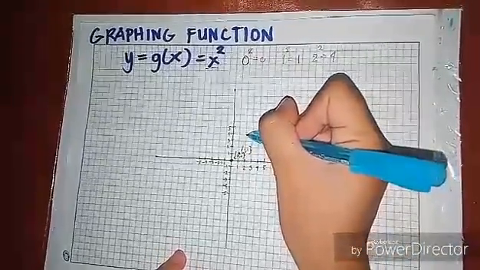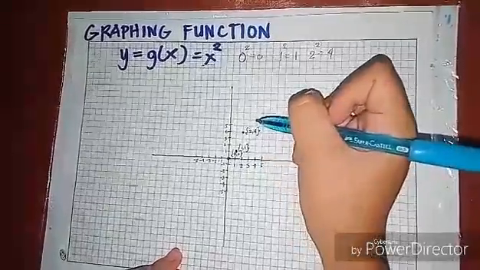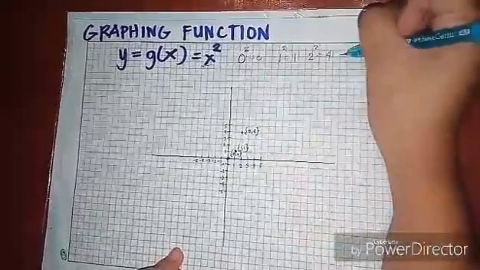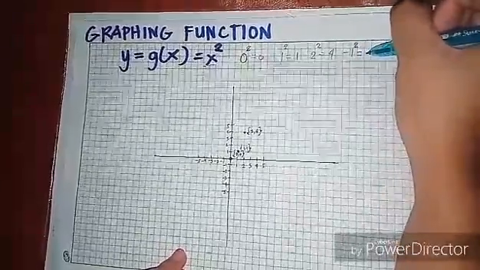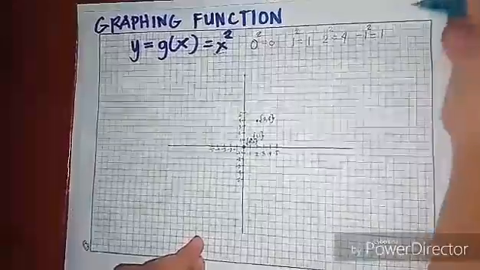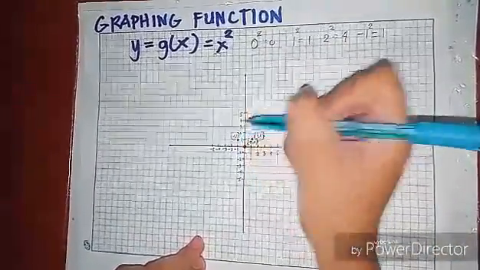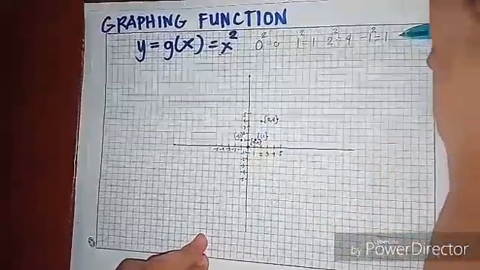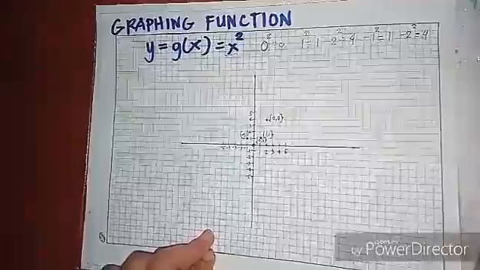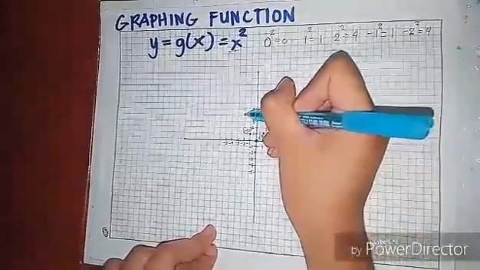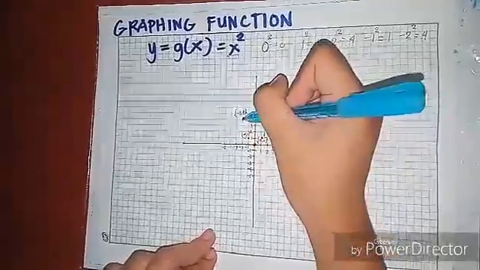So (2, 4). If x is -1, -1 squared is 1. And last, if x is -2, -2 squared is 4. So (-2, 4). Then connect.